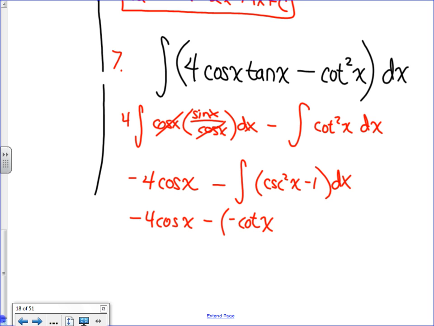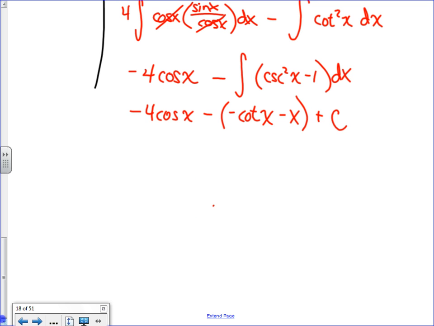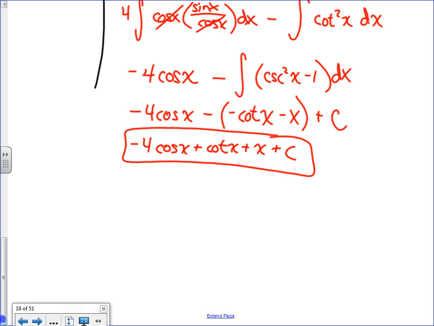And then I have minus 1 would be minus x plus c at the end. You could do minus c, but that's silly. It's an arbitrary constant. Just make it plus c. And I end up with negative 4 cosine plus cotangent of x plus c. Done.